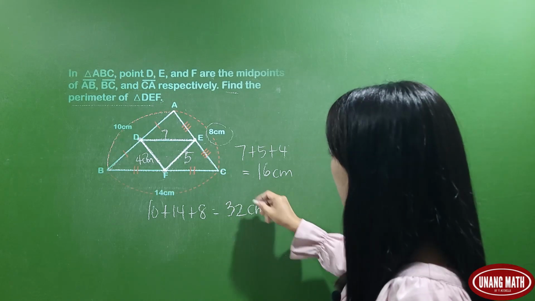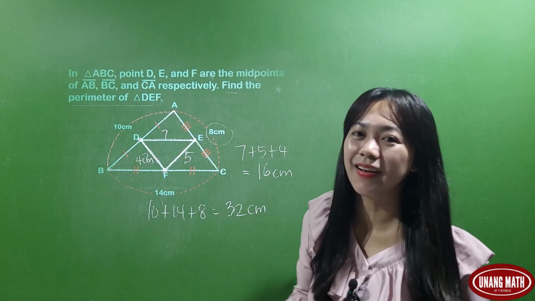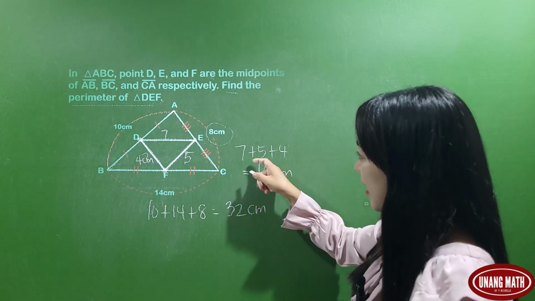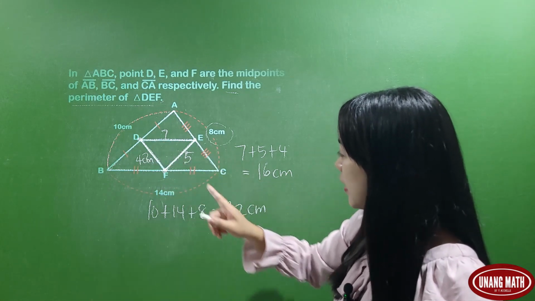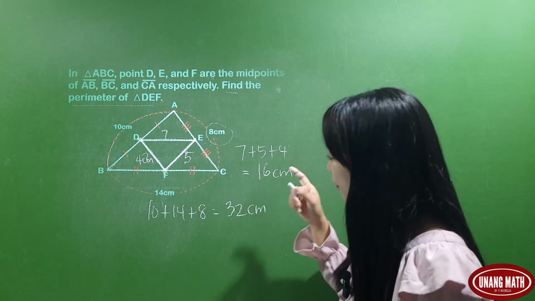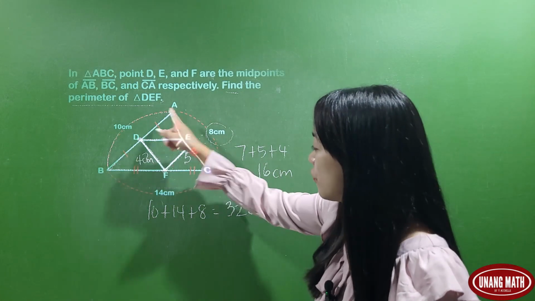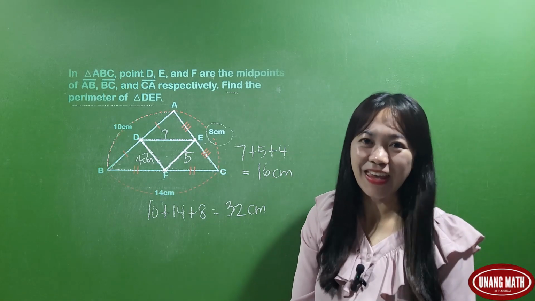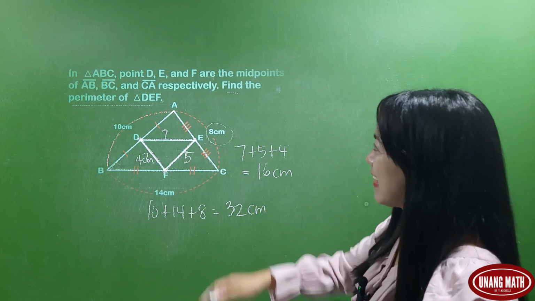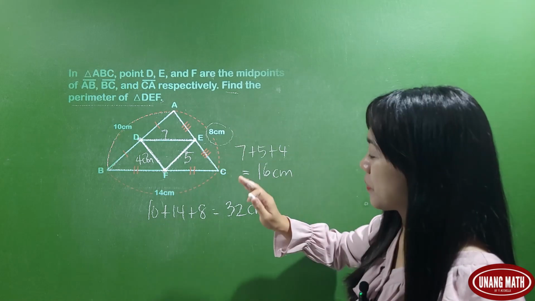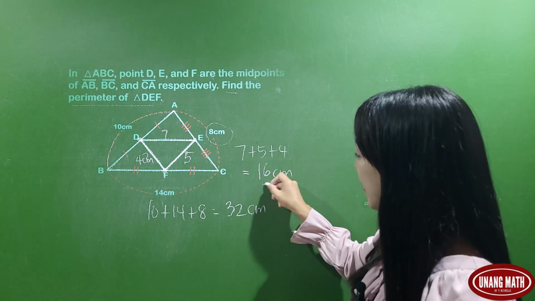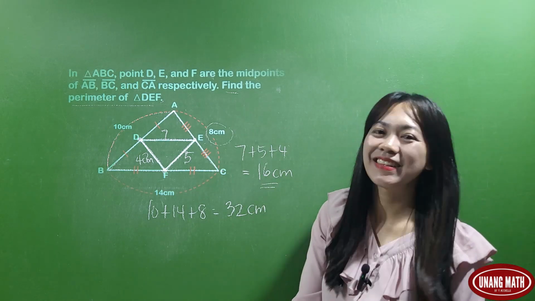So 32 centimeters for the bigger triangle. So the smaller triangle, triangle DEF, has half the perimeter of the bigger triangle ABC. So in this question, the perimeter of triangle DEF is 16 centimeters.